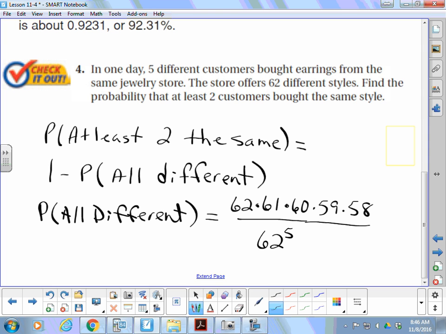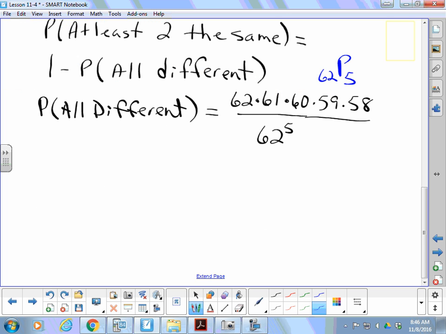Which is just a permutation of 62 choose 5. And then we find that decimal and subtract it from 1. So we're going to do 1 minus whatever that number is. Let's figure out what it is.